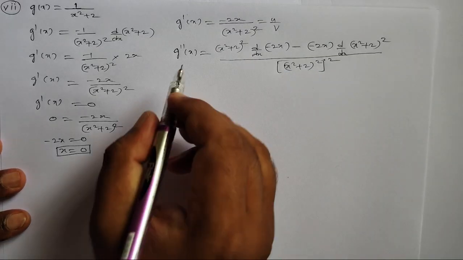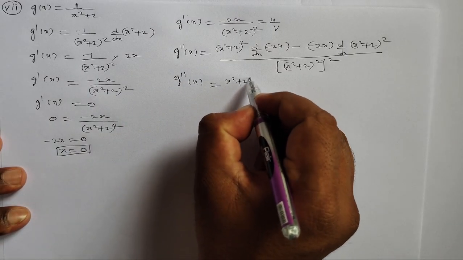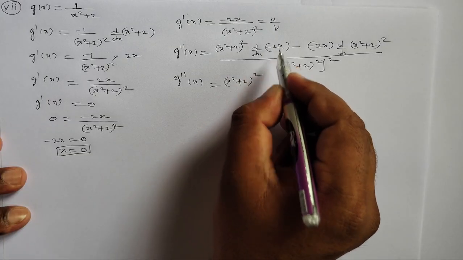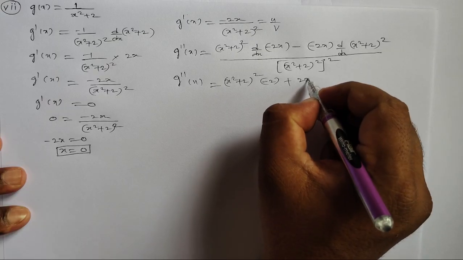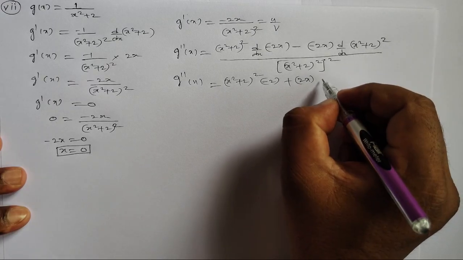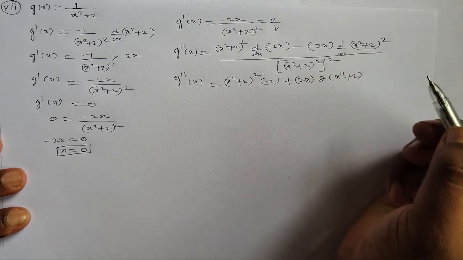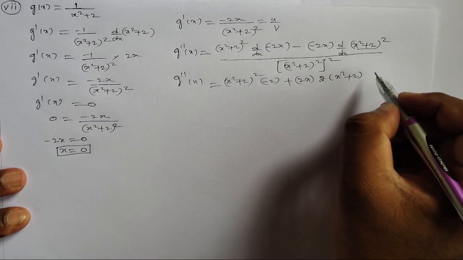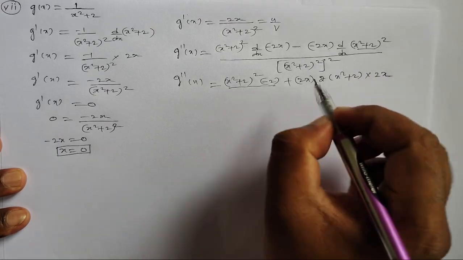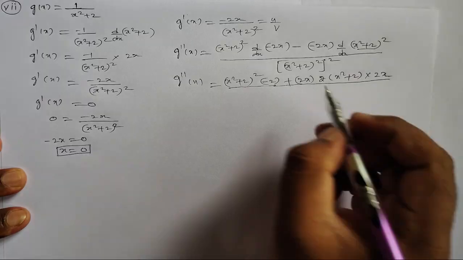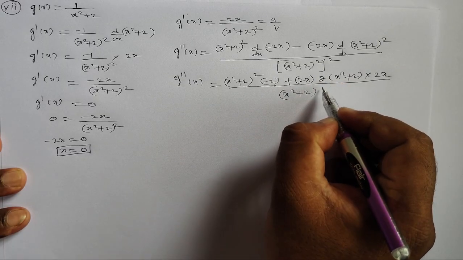So simple: g double dash of x is equal to x square plus 2 whole square into minus 2, the derivative of x being 1, which becomes minus 2. Here minus minus becomes plus 2x into the derivative of x square plus 2 whole square, that is 2 times x square plus 2, and again by chain rule the derivative of x square plus 2 becomes 2x, divided by x square plus 2 raised to 4.